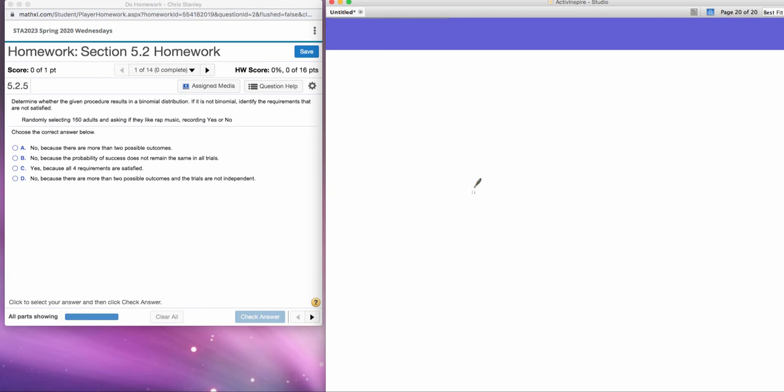Okay, so determining your binomial. Sometimes I think of binomial as this little acronym: success or fail, independent, finite tries, and the probability of success is the same.